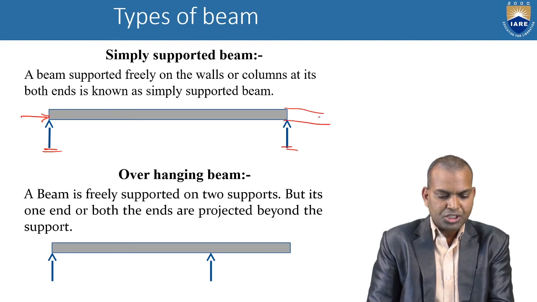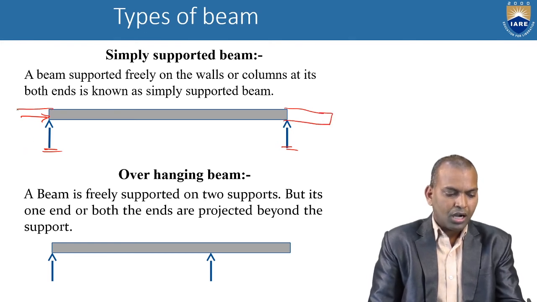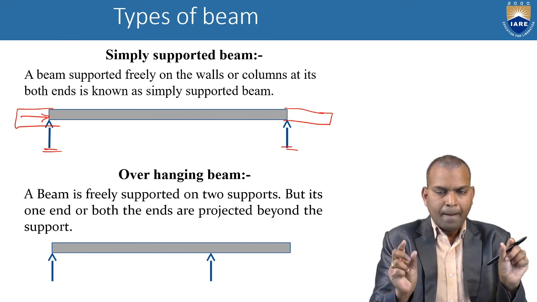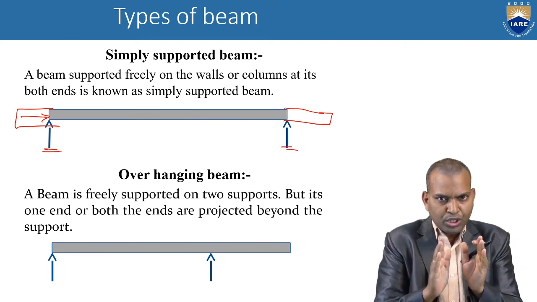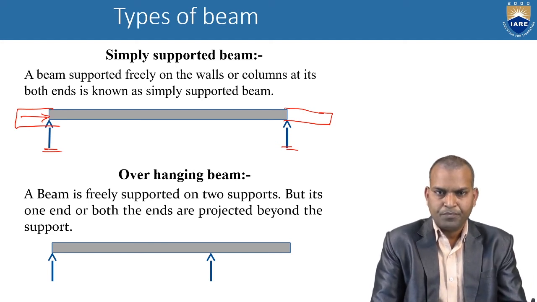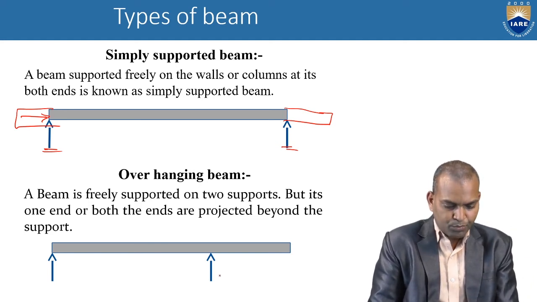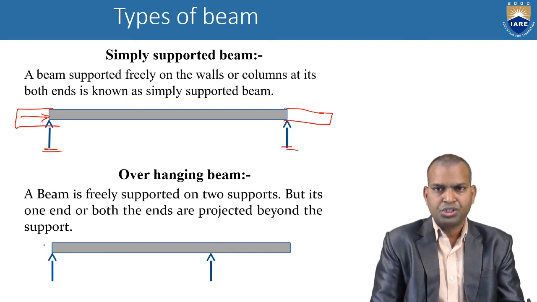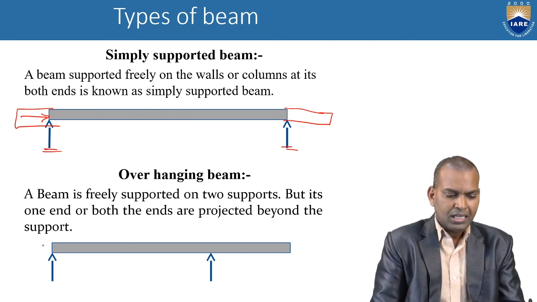If there is an extension, either on the left side, the right side, or both sides, but the supports are below the extensions, then that type of beam is called an overhanging beam. It can have a left side projection, a right side projection, or projections on both sides.